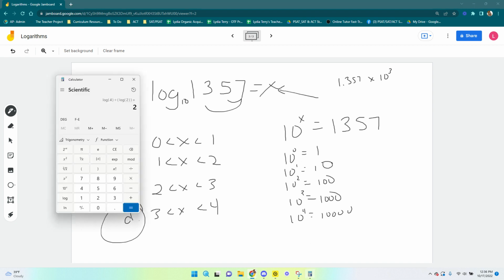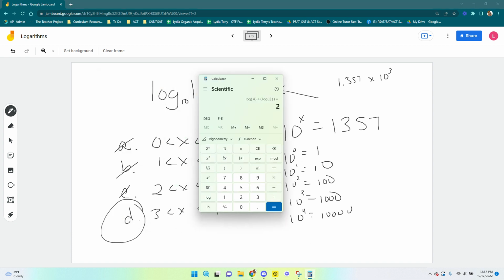So let's check it. Let's just see what happens in our calculator. 3.13. Now let me just take this number. Let's go ahead and get pretty sensitive here.